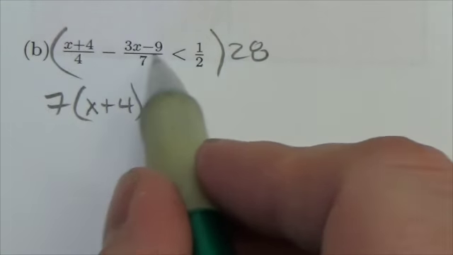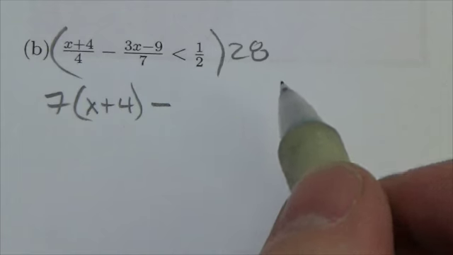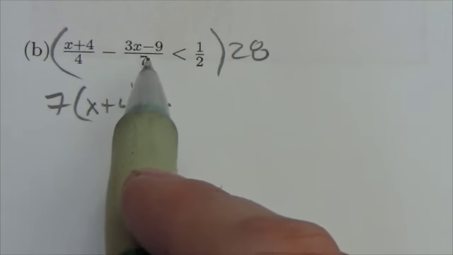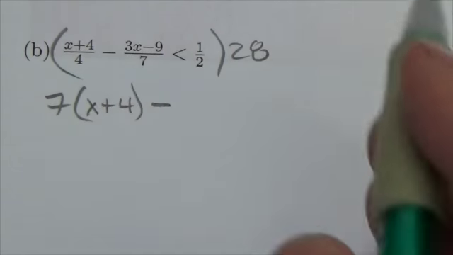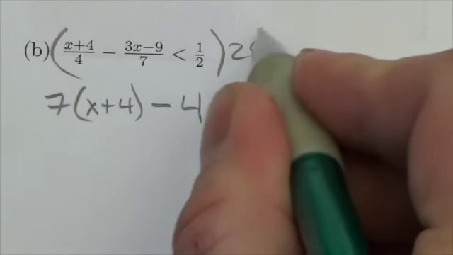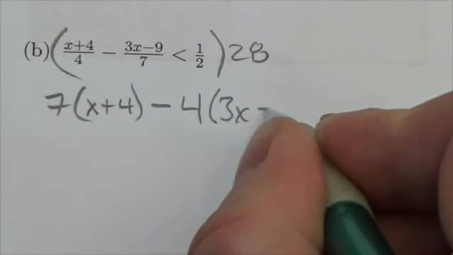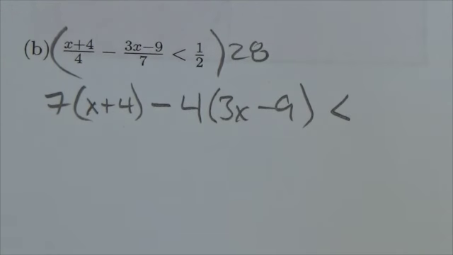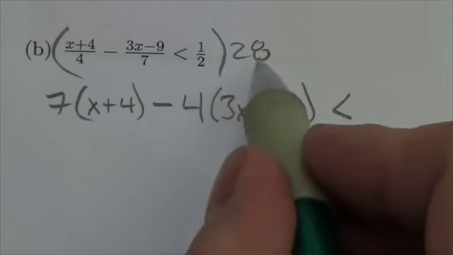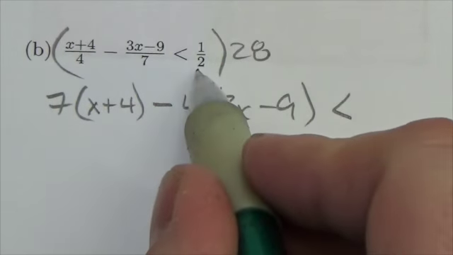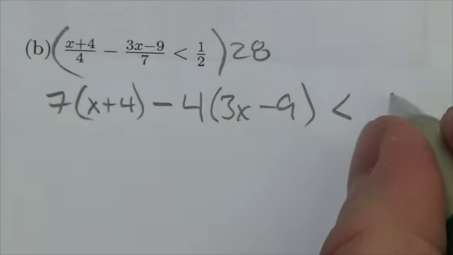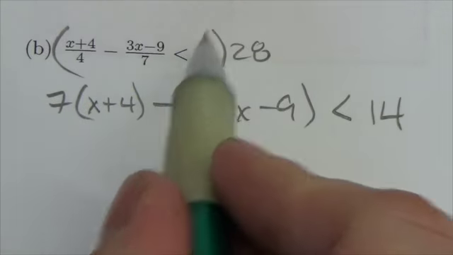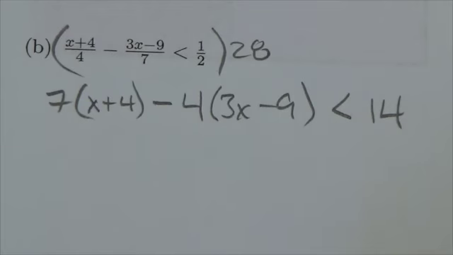Minus, when I multiply the 28 by this term right here, the 7 in the 28 is going to be canceled with the 7 in the denominator, and you're going to be left with a 4 out of that 28 times (3x - 9), less than, okay, I did not multiply by negative 28. I multiplied by positive 28, so it's not going to change the sign. And there's a 2 in here, the 28. If I take the factor of 2 out of the 28, I am left with a 14 times that 1, just leaves it as 14.